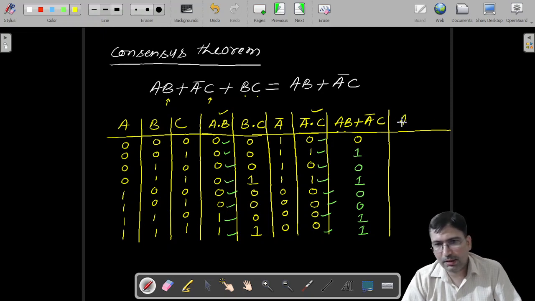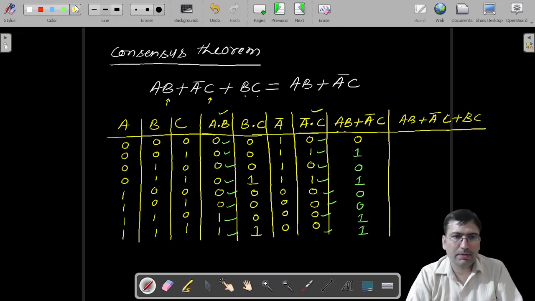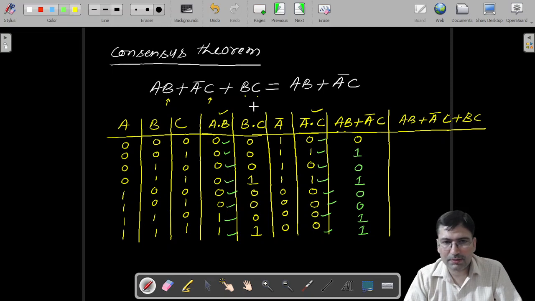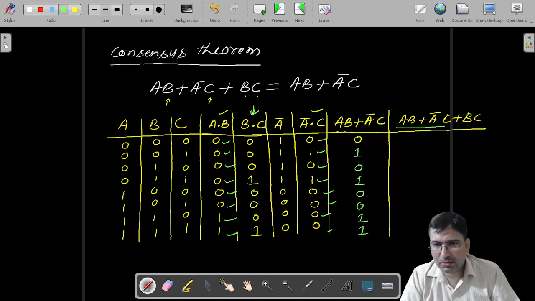Now if I want to calculate AB or A bar C or BC, let's say. BC we are already aware about, BC is given here, right? And this we have already calculated. So BC is 0 and this is also 0. So the very first place is 0 only.